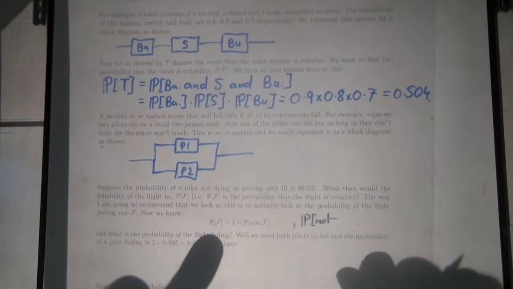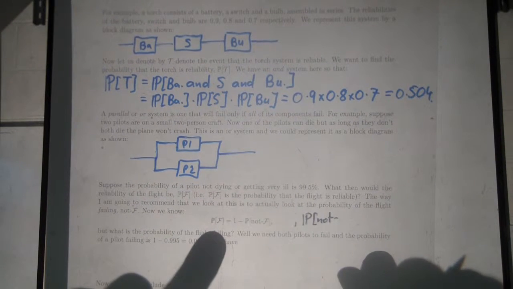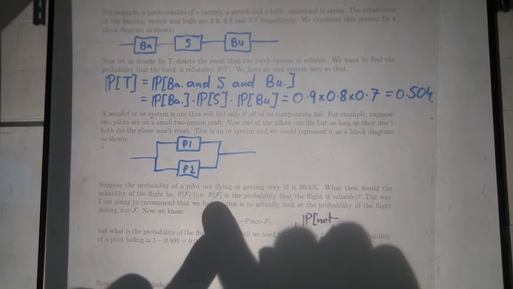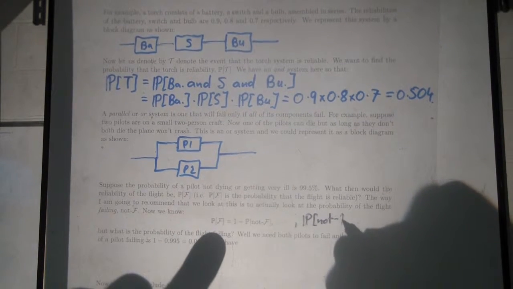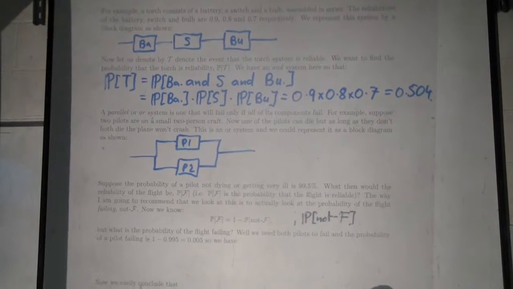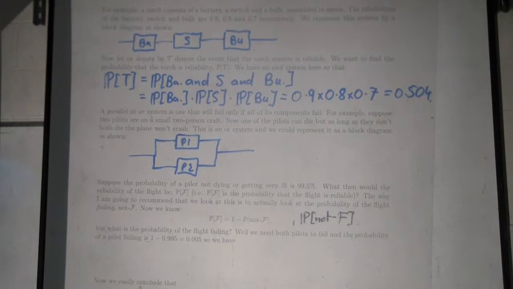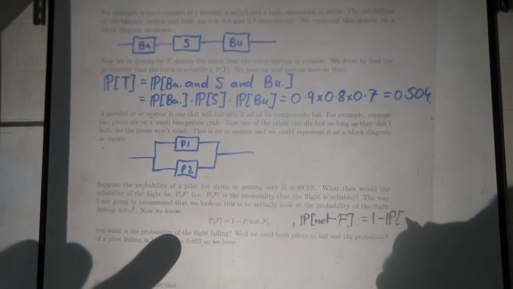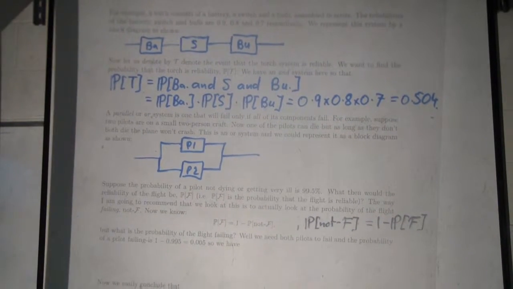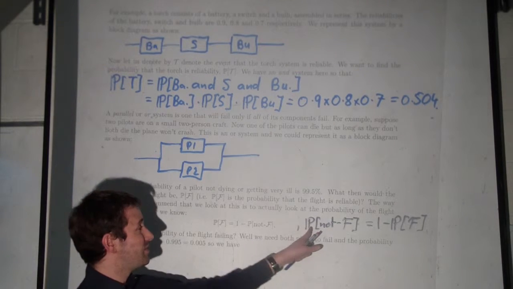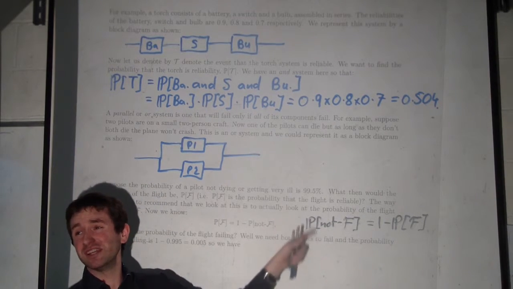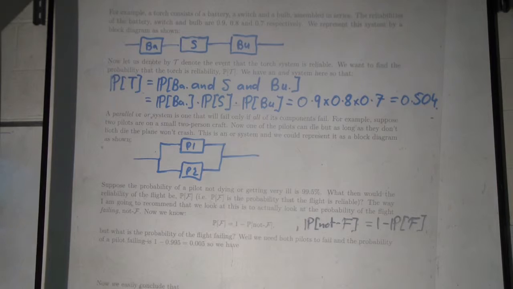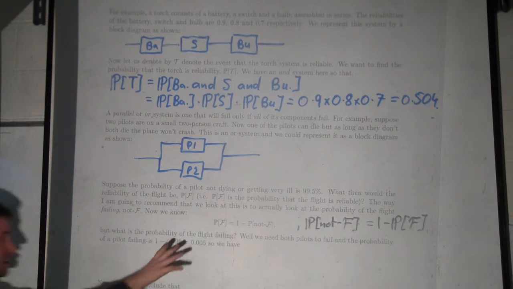So the probability of not having a flight, in other words the probability of failure, the probability that both pilots die, is 1 minus the probability that the flight goes as planned. If you know the probability that it fails, it's very easy to calculate the probability that it succeeds.